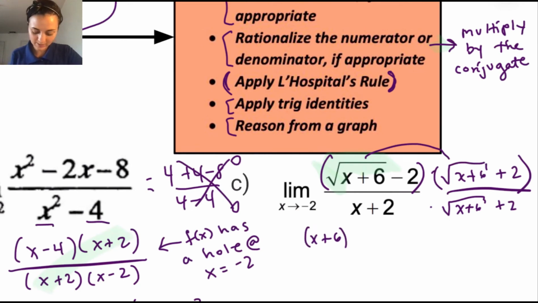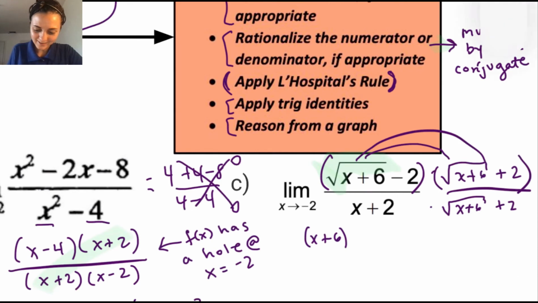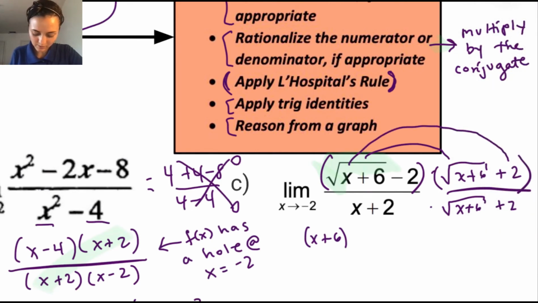So I get that x plus 6, and then multiply, oh no! I want to multiply the square root times +2. So that will be positive 2 times the square root of x plus 6. And then over here, negative 2 times the square root will be minus 2 times the square root of x plus 6.